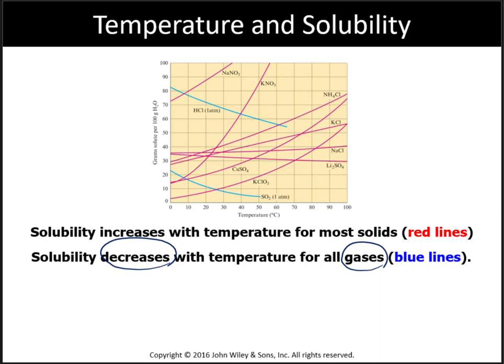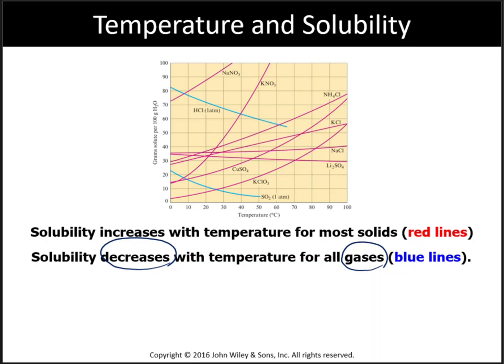Again, temperature goes back to the kinetic energy. When you increase the temperature, the kinetic energy of the gas molecules increases, and remember that intermolecular forces between gas molecules are extremely weak. So when they have high kinetic energy, they just want to escape the solution and don't want to stay in it. You would expect the highest solubility for gases at lower temperatures.